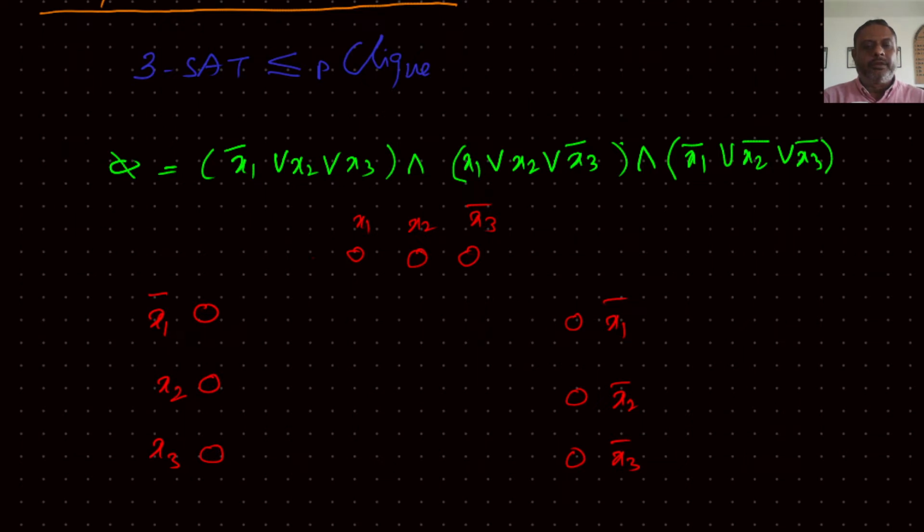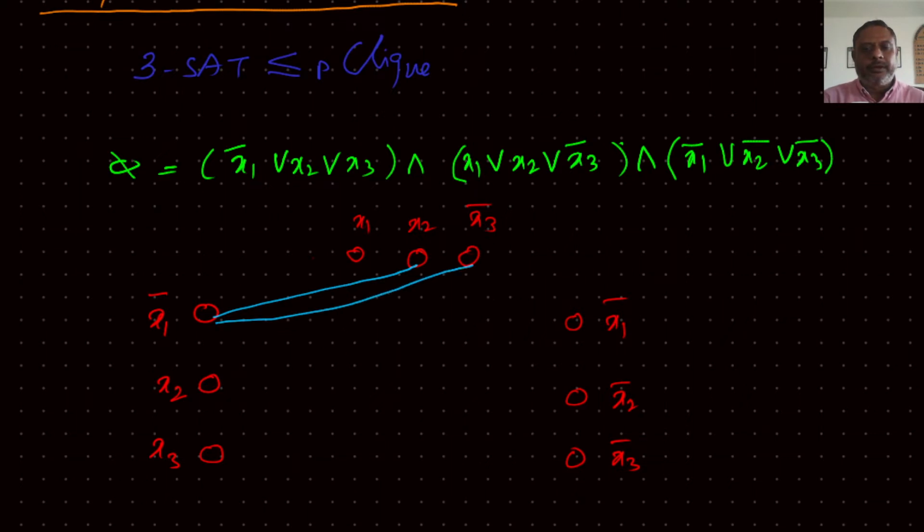If x1 bar is true, then x1 has to be false. Therefore, we can't connect x1 and x1 bar. But yes, x1 bar and x2 can be connected, and x1 bar and x3 can be connected.